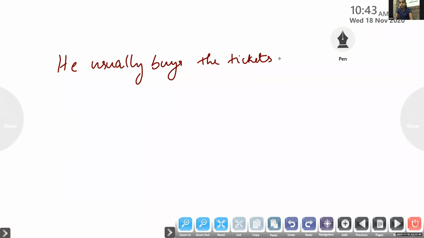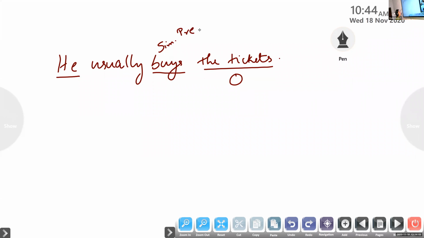Full stop. This is a sentence. Identify the subject. He. Identify the object. The tickets. Very good. And tell me the verb. Buys. This is a finite verb and it is in which form? Simple present. Okay, simple present.